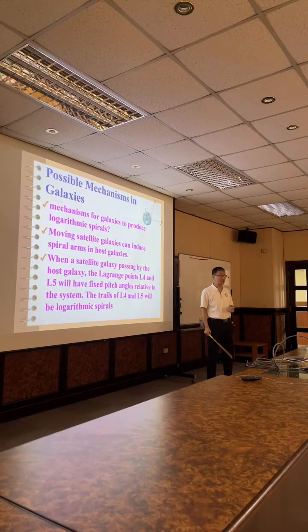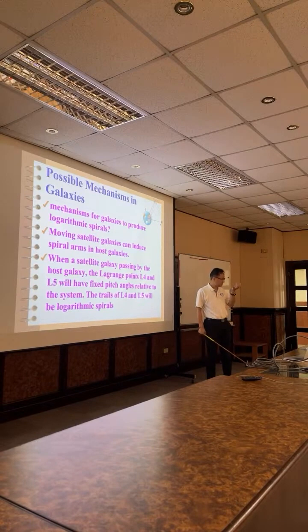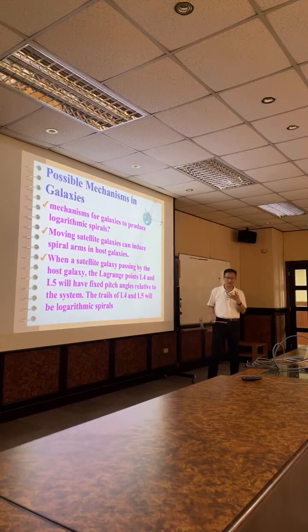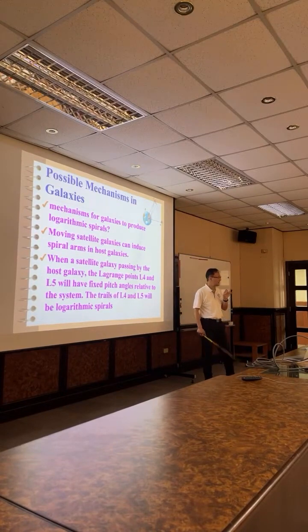And it's interesting because we know L4 and L5 are some kind of potential, a relative potential, so that material can fall into that potential. It's a little bit similar to the idea of density.